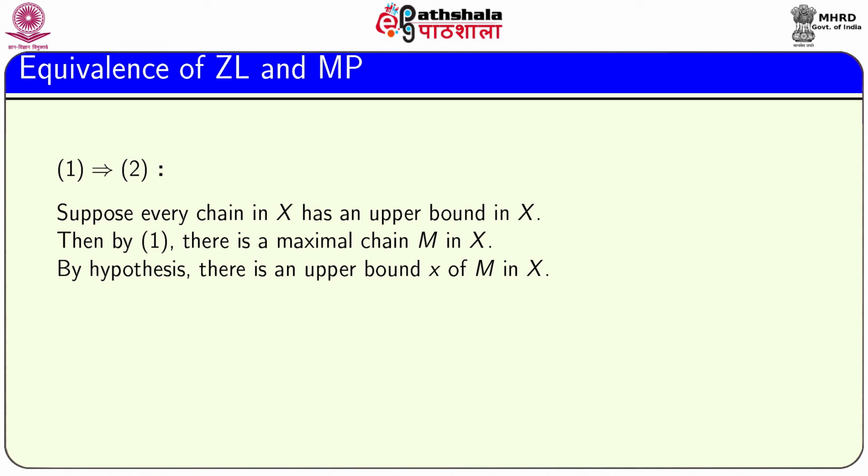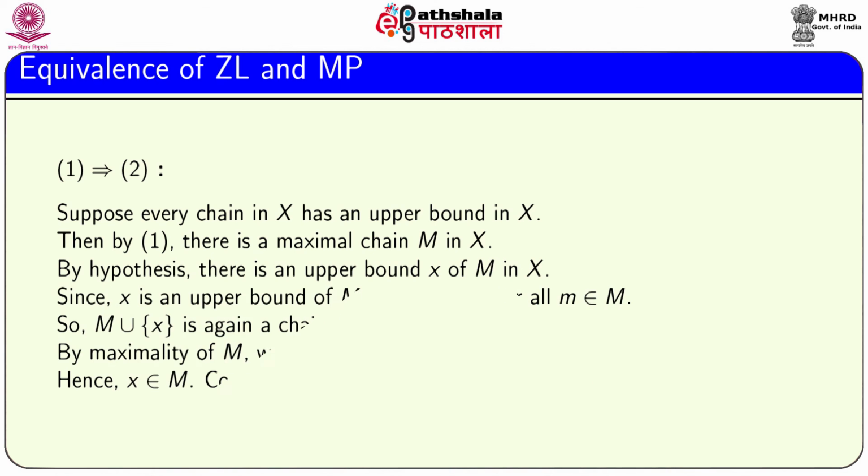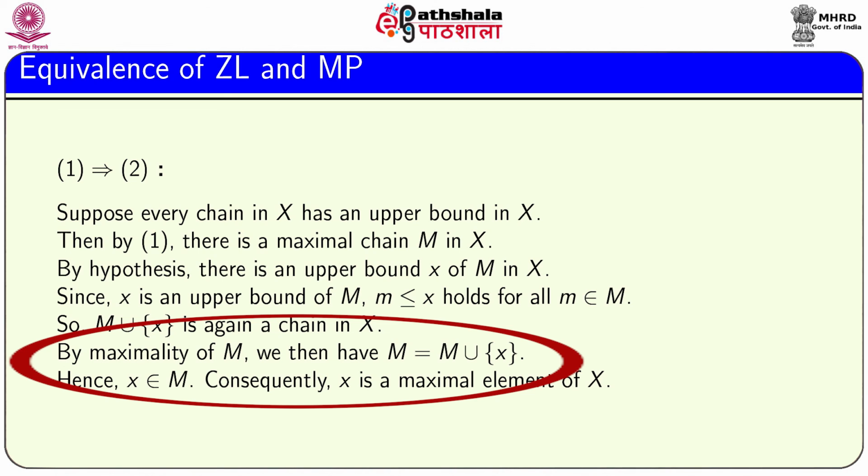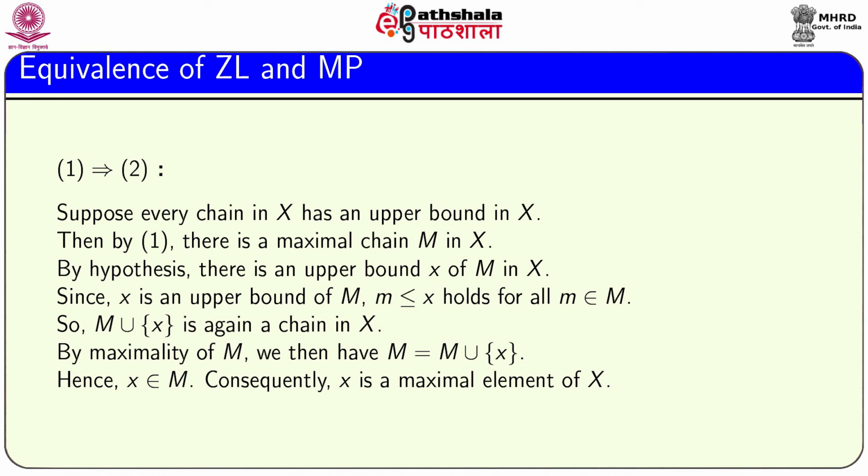Suppose every chain in X has an upper bound in X. Then condition 1 says that there is a maximal chain M in X. By hypothesis, there is an upper bound, say small x, of capital M in capital X. Since x is an upper bound of capital M, m is less than or equal to x holds for all m belonging to capital M, and therefore, M union the singleton {x} is a chain in capital X. By maximality of capital M, we then have capital M is equal to M union {x}.